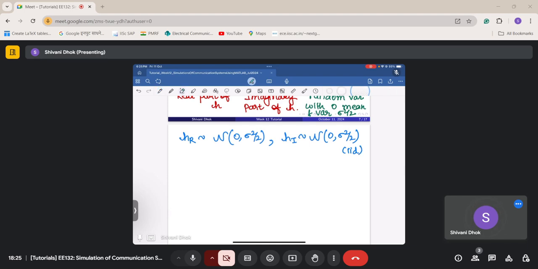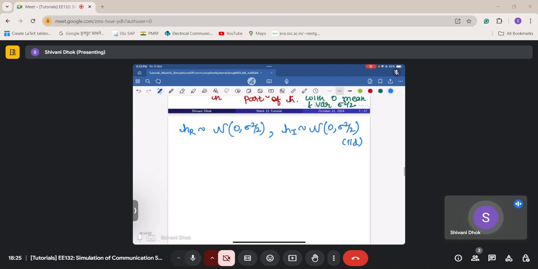Okay. Another thing is we want to write its PDF, right? So we have this H as HR plus j times HI. So this is a complex Gaussian random variable.